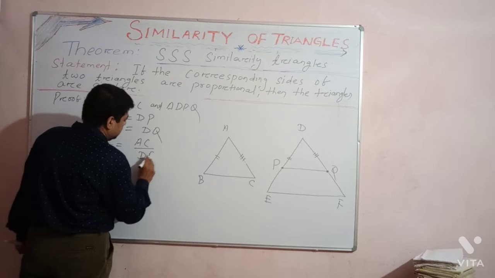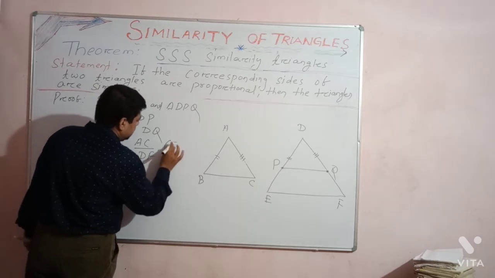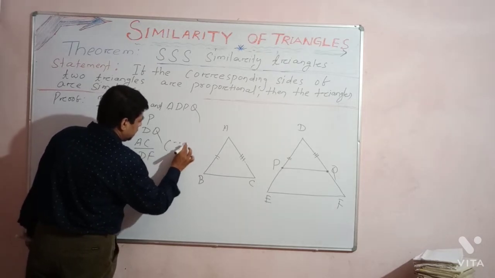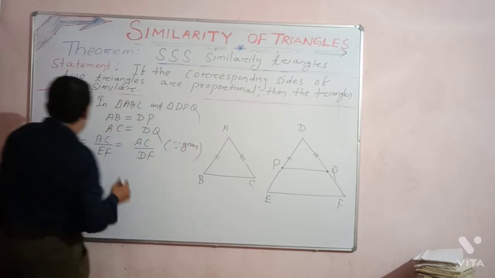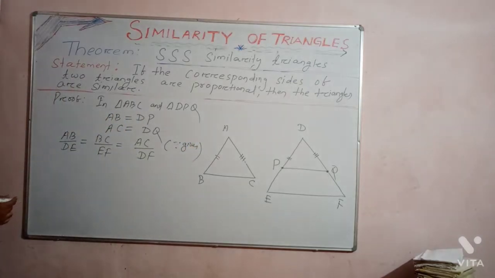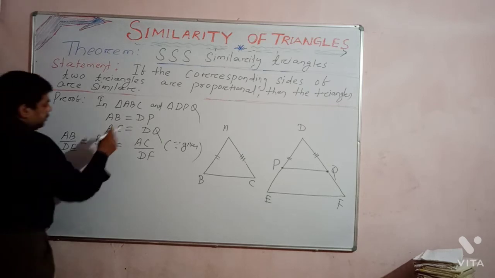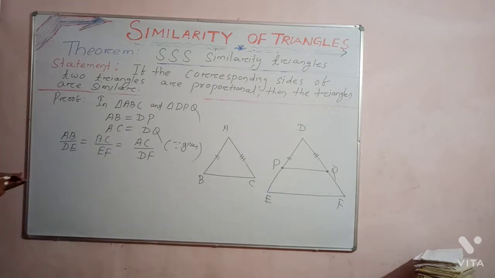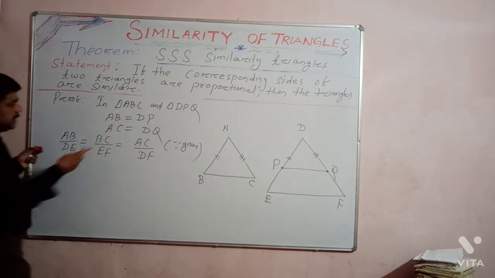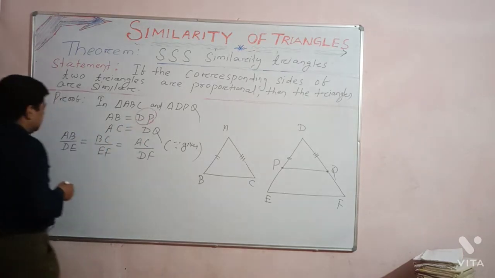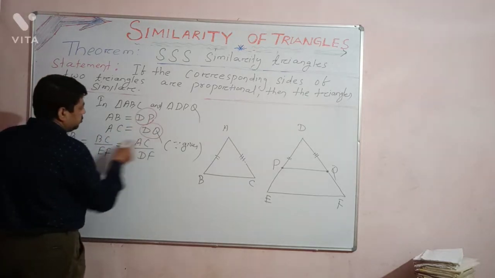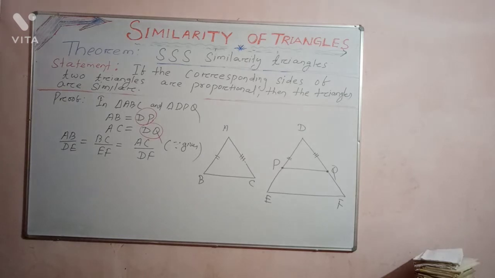Again, given AB upon DE is equal to BC upon EF is equal to AC upon DF. The statement is given clearly: the ratio of the corresponding sides are equal. Now, in place of AB, I can write DP, and in place of AC, I can write DQ. Can I write or not? Yes.